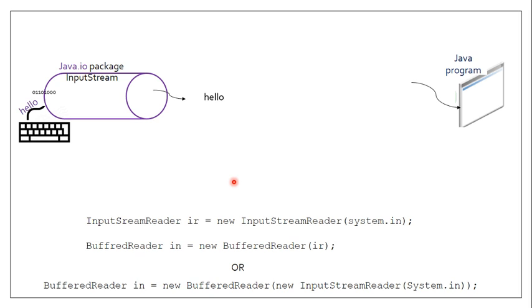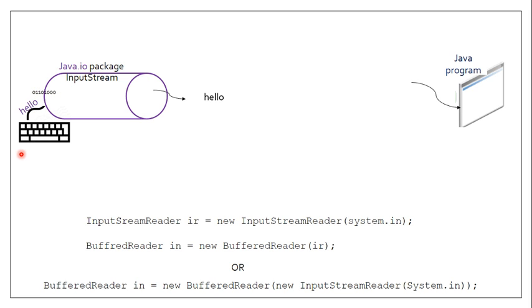Moving to the next, now try to understand how it actually creates the stream from the source to the destination. We are talking about the input stream only. When I type hello, this hello is taken by System.in in the form of bytes, nothing but zeros and ones.